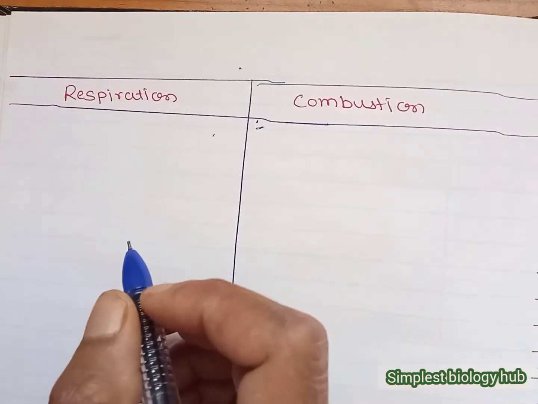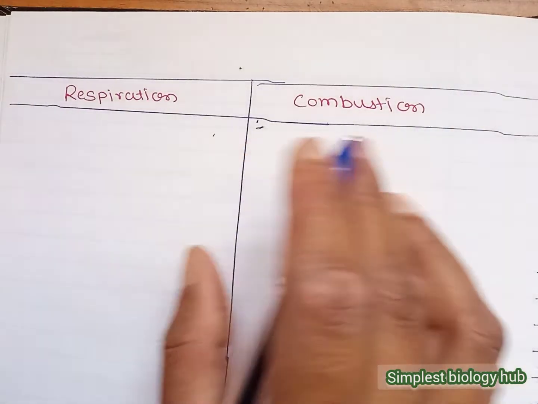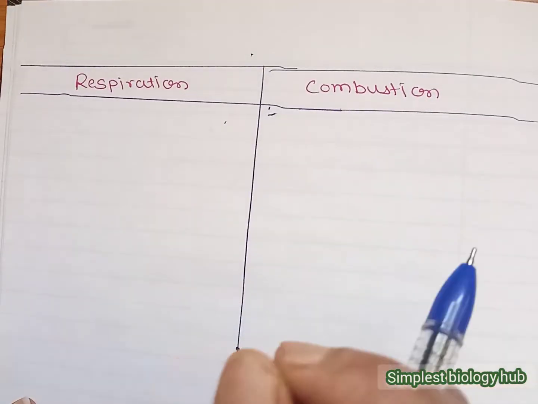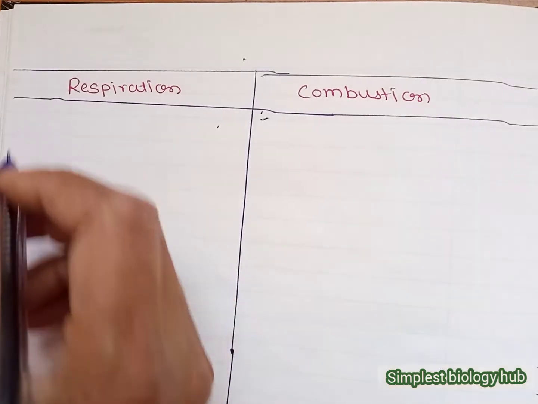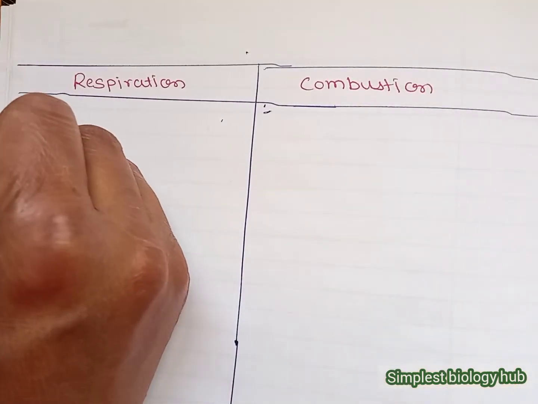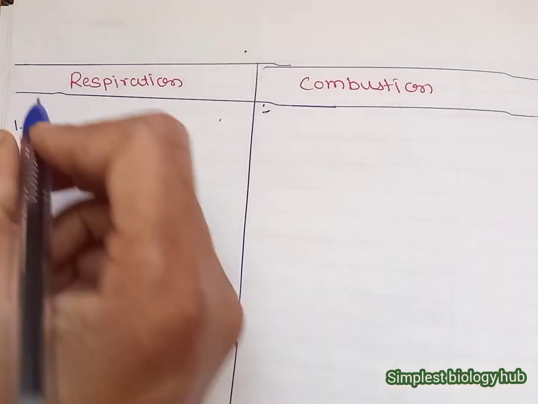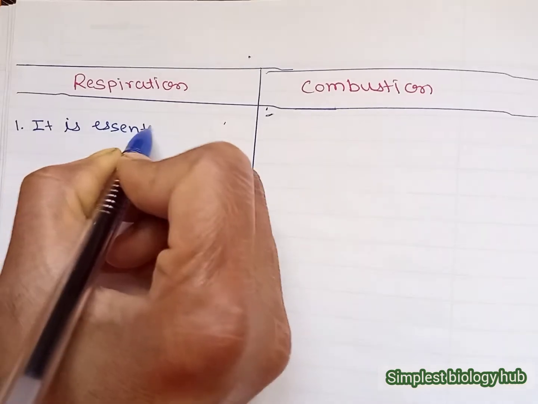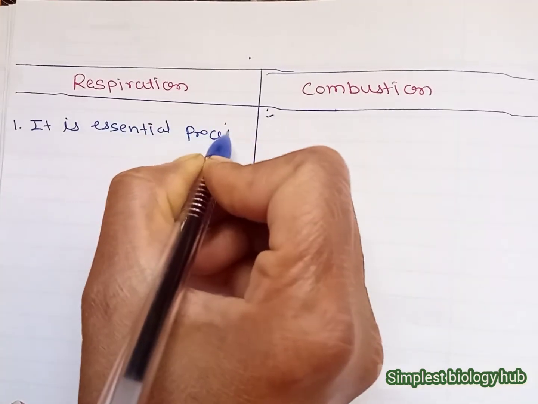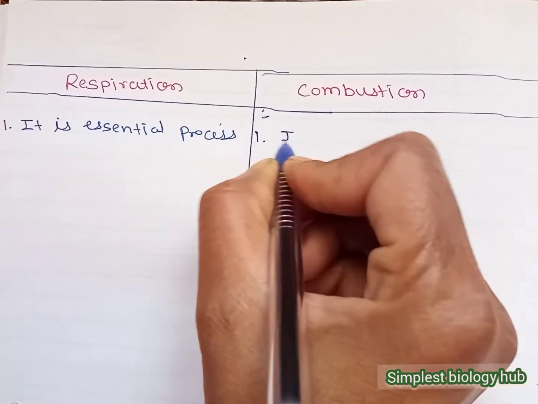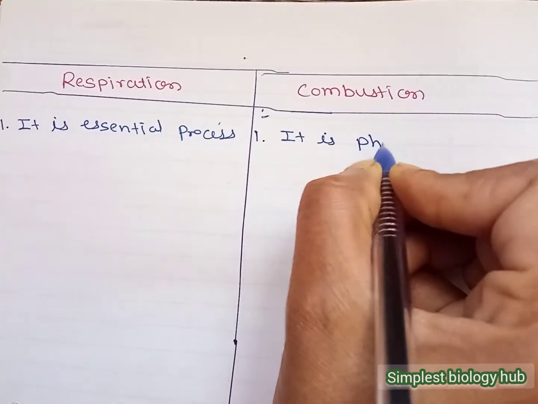Now here we talk about another point, the difference between respiration and combustion, because these are nearly similar processes. They have some basic differences between them, and we will discuss those basic differences. The first, respiration is an essential process, while combustion is a physical process.